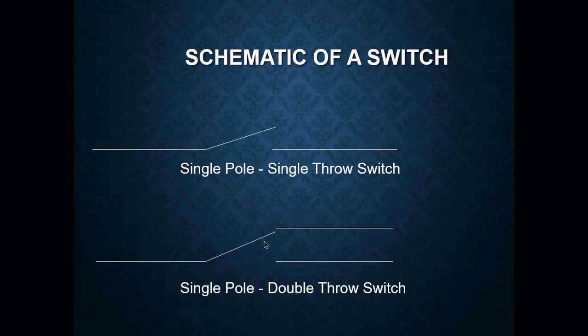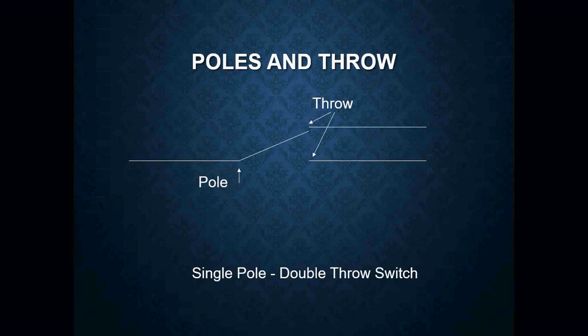A relay is an example of a single pole, double throw switch, which we will obviously cover in a later lesson. But when we break down our switches, they're broken down into our poles and our throws. Our pole is the power that is supplied to our switch.